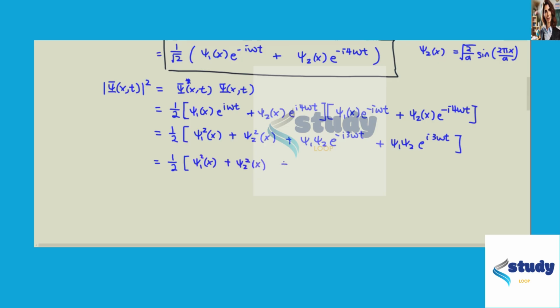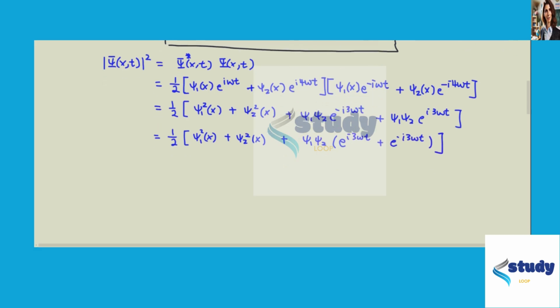Then you continue the algebra. Here you can pull out the psi 1 and psi 2. You have e to the i 3 omega t plus e to the minus i 3 omega t. This can be rewritten as 2 cosine 3 omega t, using the Euler formula.